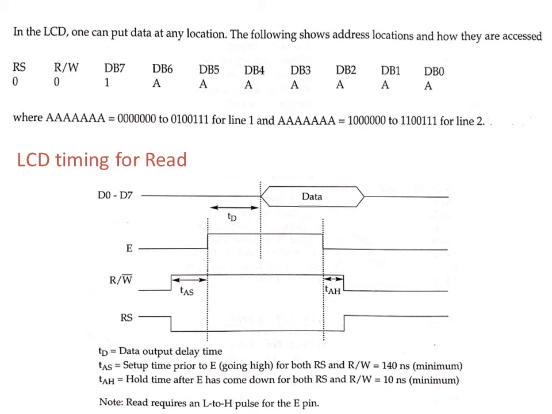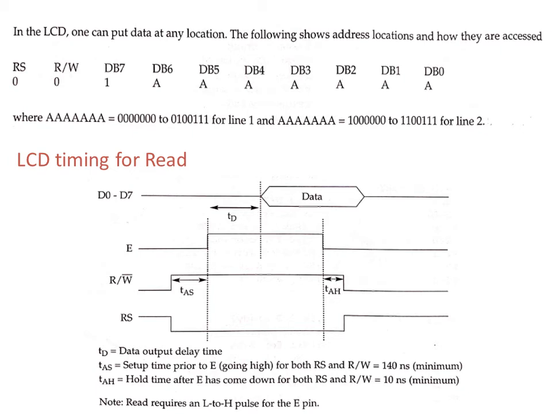So here the meaning is that the values of DB6 to DB0 are from 0000000, that is 7 zeros, to 0000111 for line 1, if you need to select line 1. And for line 2, the DB6 to DB0 values should be 1 followed by all zeros, 6 zeros, to 1000111, if you want to select line 2.